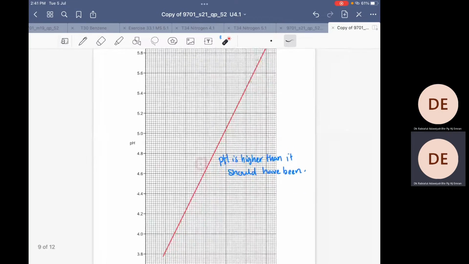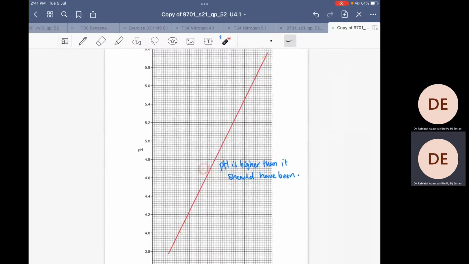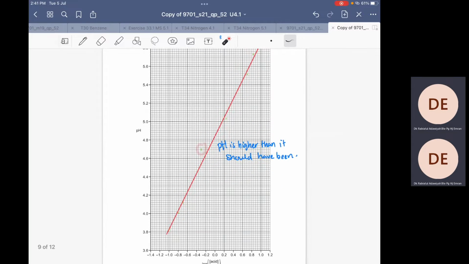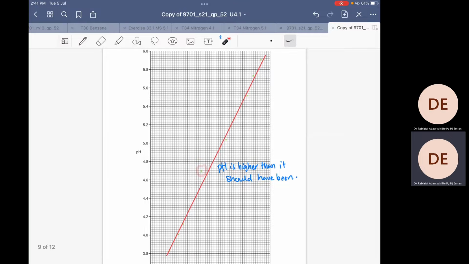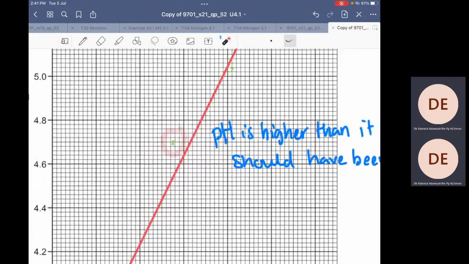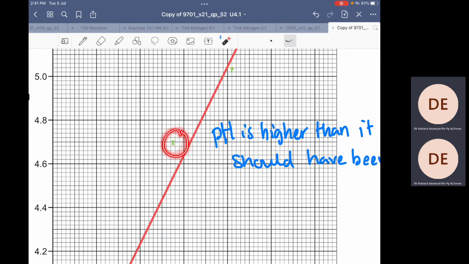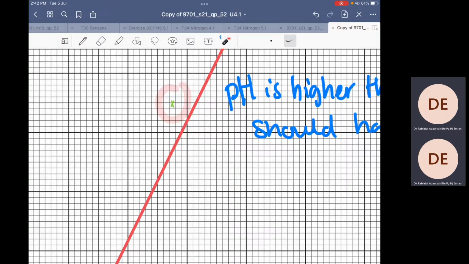Okay, so this is what I got. I cannot include the origin as a point because it's not 0, 0. Did you manage to draw this graph? Yeah? I wouldn't consider that an anomaly because it's not too far off from the straight line. But the question says to circle any anomaly, and that would be the anomaly.